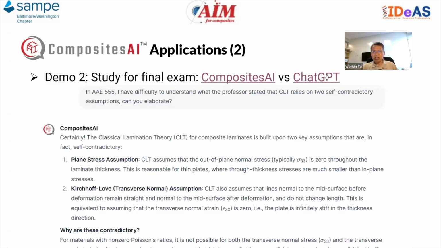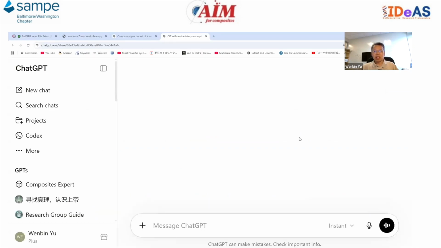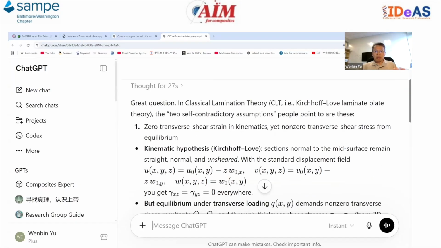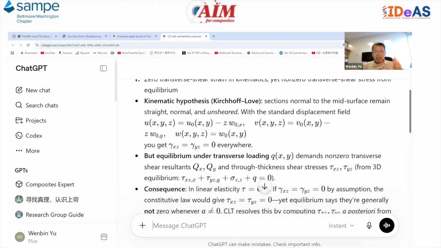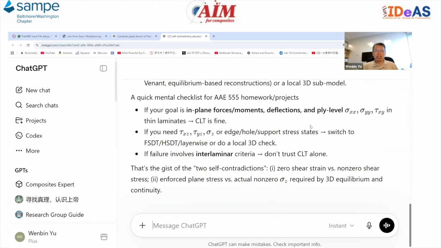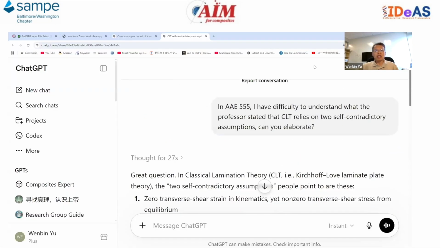And let me see whether I can quickly fire it up. Yeah, it's here. So they basically talk about all the assumptions and the difference between this and 3D elasticity. That's a typical ChatGPT, and usually their answers are longer and not necessarily direct to the point.